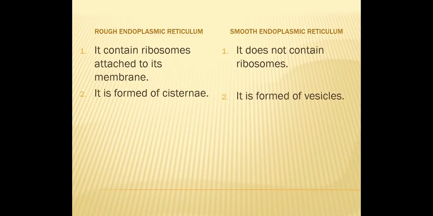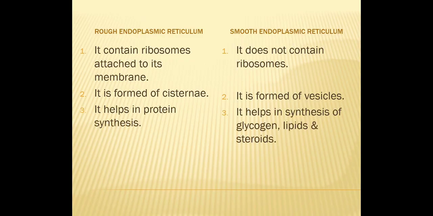Rough endoplasmic reticulum is formed of cisternae, whereas smooth endoplasmic reticulum is formed of vesicles. Rough endoplasmic reticulum helps in protein synthesis, and smooth endoplasmic reticulum helps in synthesis of glycogen, lipids, and steroids.